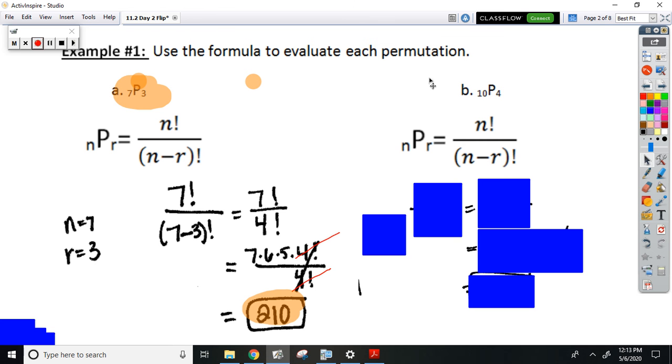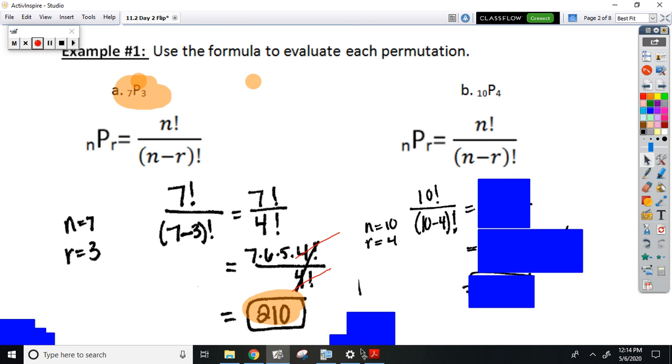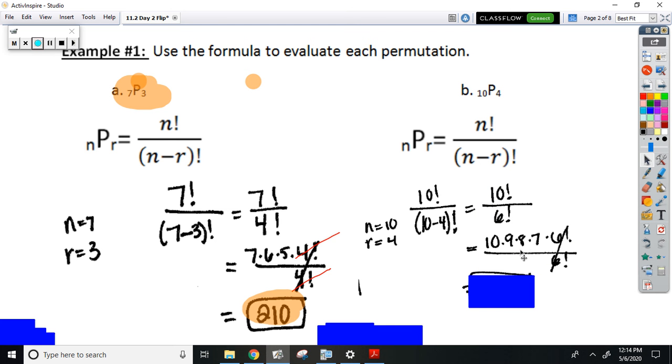In example B, let's try it by hand first. 10P4. N is 10. R is 4. So this would be 10 factorial over the quantity 10 minus 4 factorial. So that's 10 factorial over 6 factorial. And again, if you want to expand by hand, 10, 9, 8, 7, 6, put a factorial symbol on there and then divide those out.